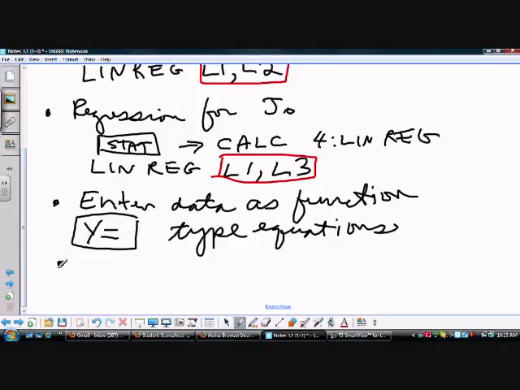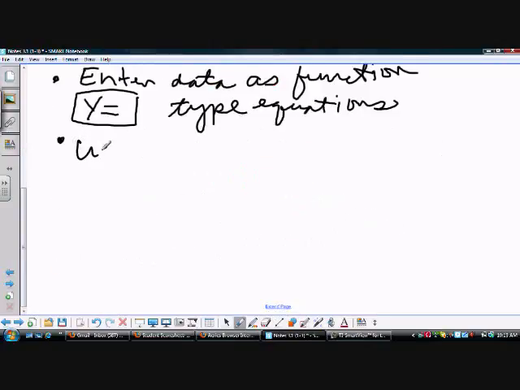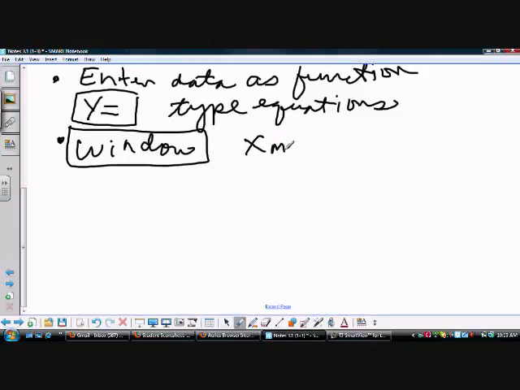Okay. The next thing we did was we tried to graph, and we didn't get a decent graph, so we had to set our window. So you type that window button, and then we set our x min and our x max and our x scale. We set the min at 0, the max at some number bigger than 4.